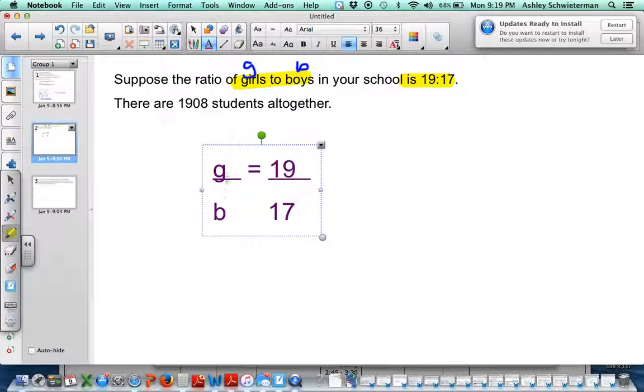So girls to boys, girls over boys, is 19 over 17.